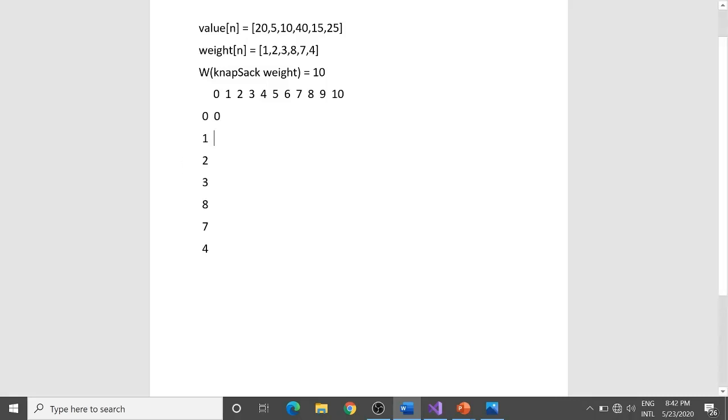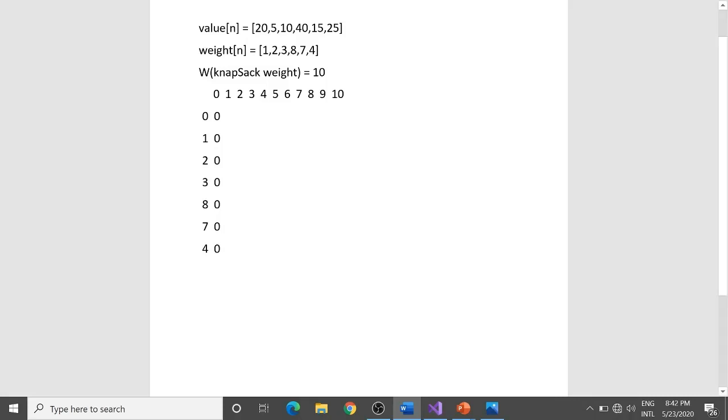Even if I have an element 1, what does this mean? This means that my element 1 has a weight of 1, but the max weight my knapsack can hold is 0. So the answer to this subproblem would be 0. The answer to this subproblem would again be 0, and again 0. So my first column would actually be all zeros.